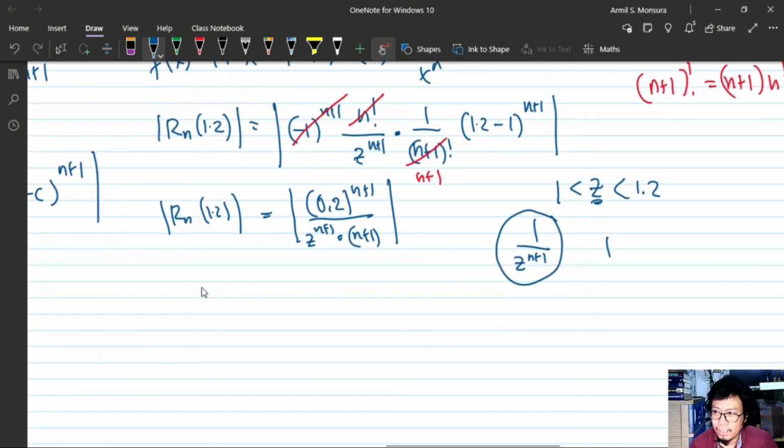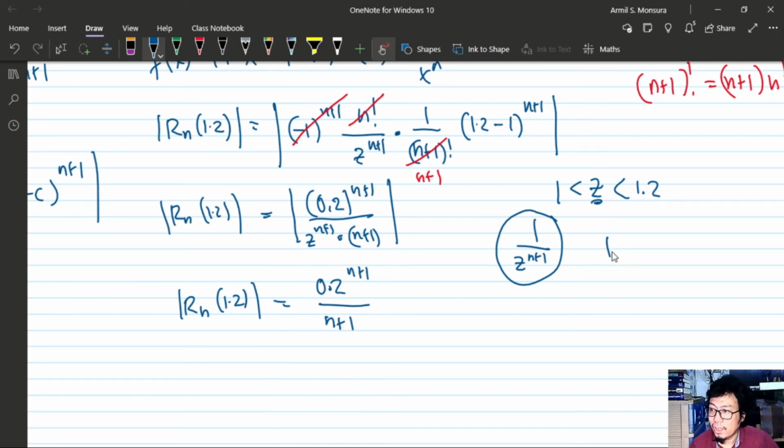Let's simply use an upper bound of 0.2 raised to n plus 1 over n plus 1 for your error.